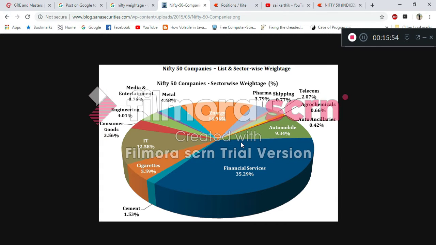Now if you take financial services, consider this scenario where, on one day, all the financial services stocks are up, and all the IT stocks are down, and the remaining are more or less at the same price as the previous day. Now what happens? Nifty will still be up. Right, Nifty will still be up. Okay.